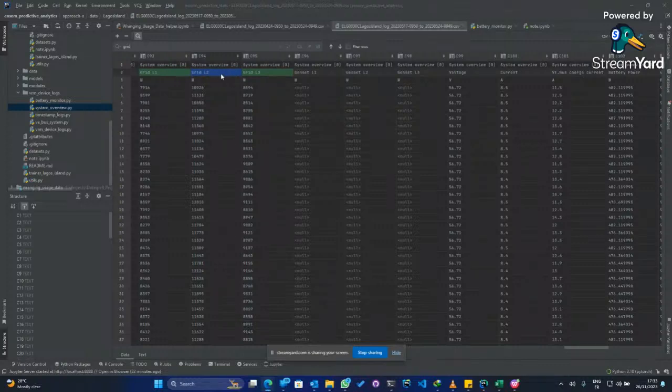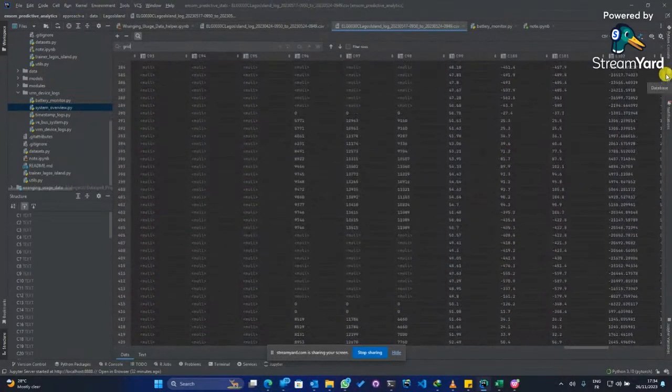The system overview shows the power produced and consumed by the grid and the genset. For each of the three lines, when the grid is active, the genset is never on. The genset is only on when the grid is inactive.